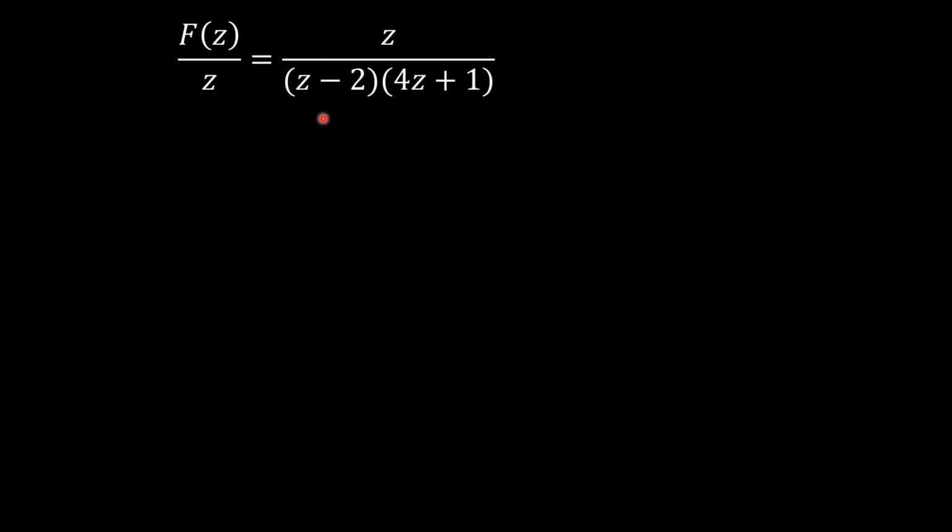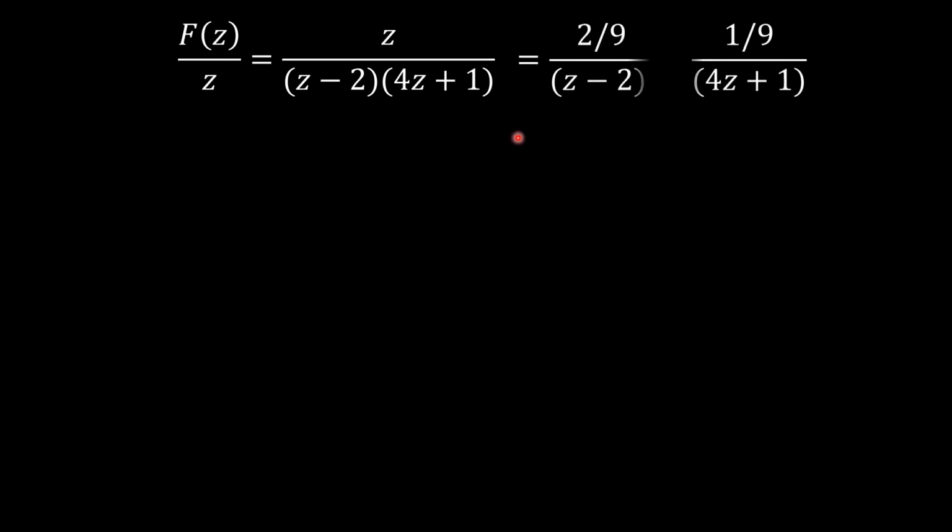We are going to use the partial fraction method to obtain the inverse Z transform, for which obtain F(z) upon z, which is equal to z divided by (z minus 2) into (4z plus 1). Get the partial fractions of the right hand side, which are 2 upon 9 divided by z minus 2 plus 1 upon 9 divided by 4z plus 1. Multiply by z on both sides of this expression.